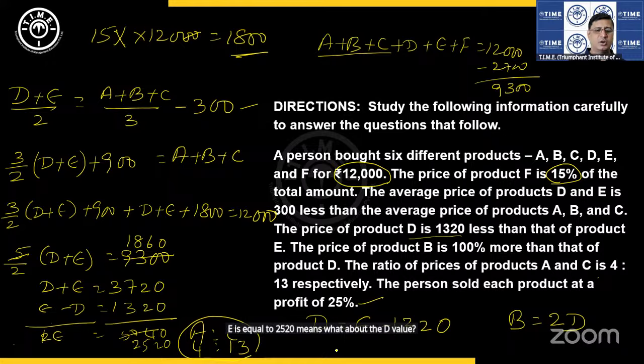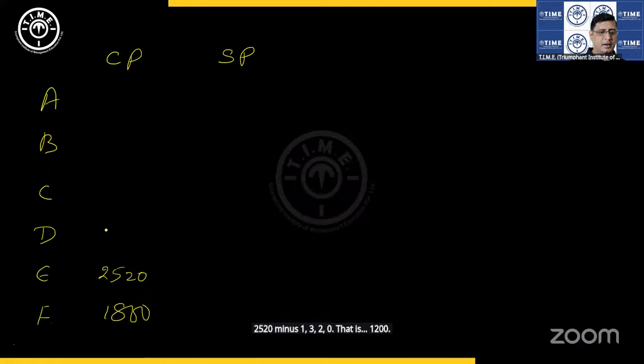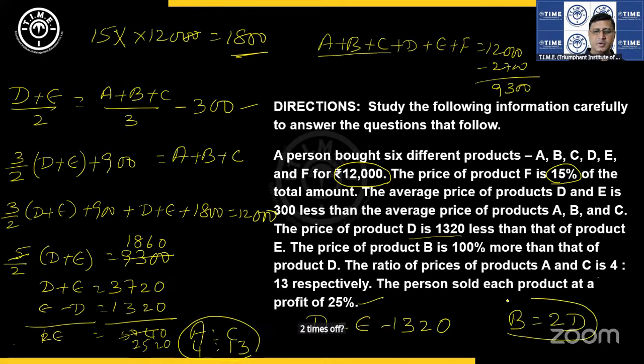D is equal to 2520 minus 1320. That is 1200. D is equal to 1200. Then what about the B value? B is equal to 2 times of D, means 2 times of 1200. That is 2400. 2 times of D is equal to the value of B.